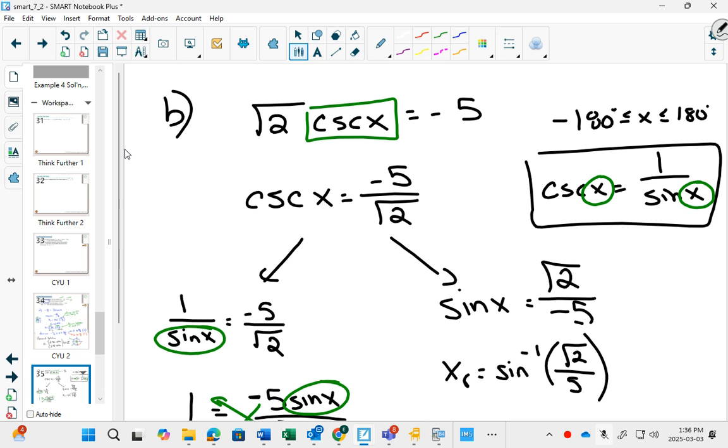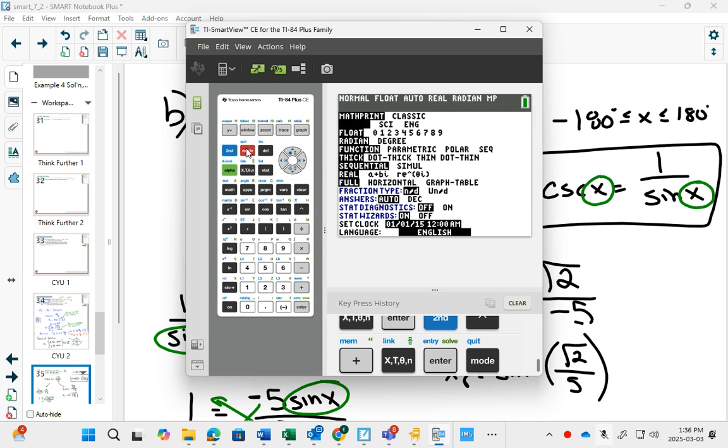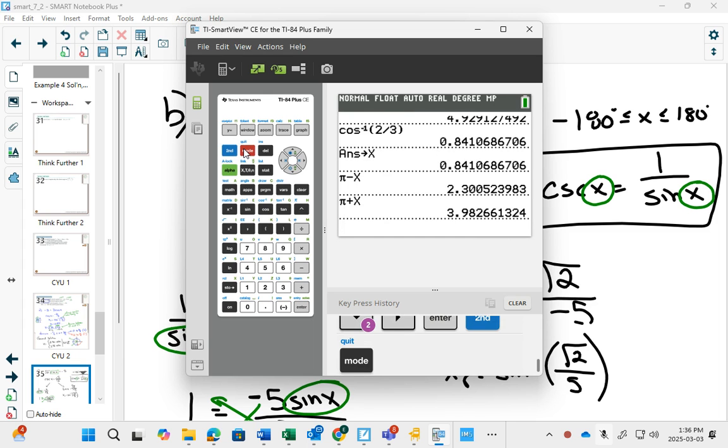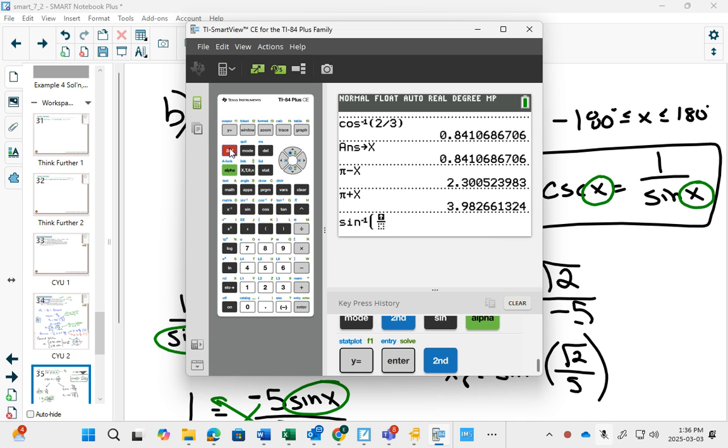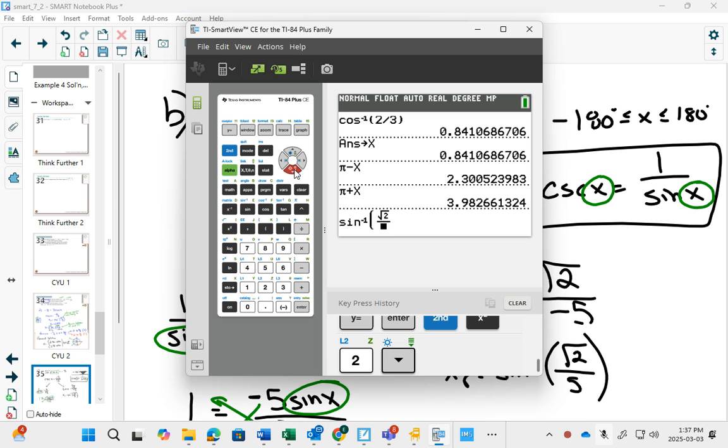This question is in degrees. So now I go to my calculator, and you're going to have to switch back between radians and degrees quite often. So now I switch to degrees, and I go sine inverse of the square root of 2 over 5. Again, it's the positive value that I'm plugging in.